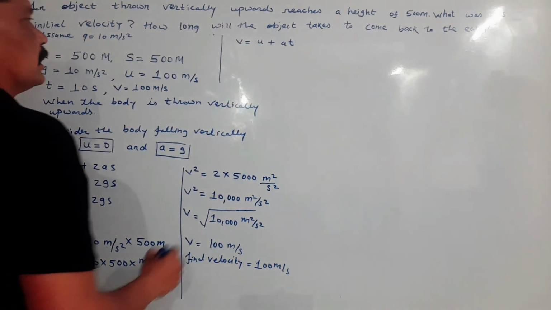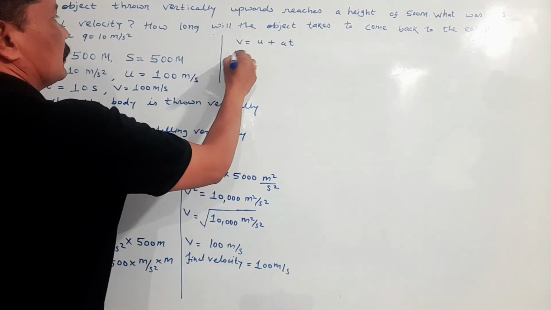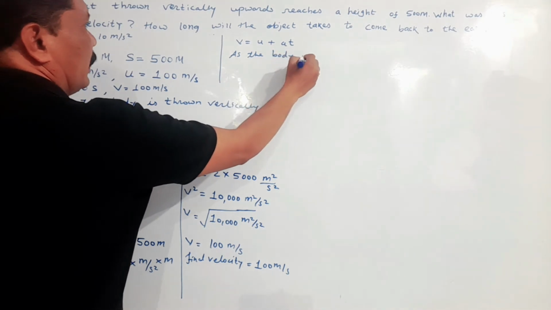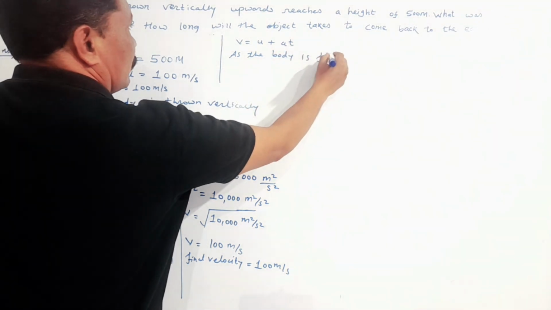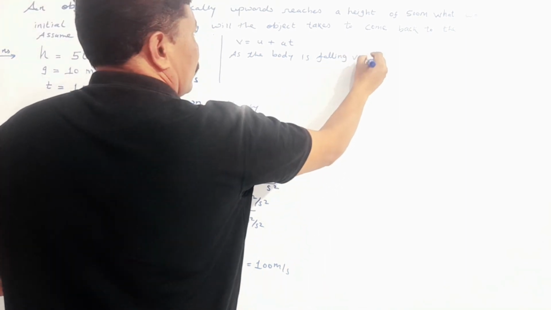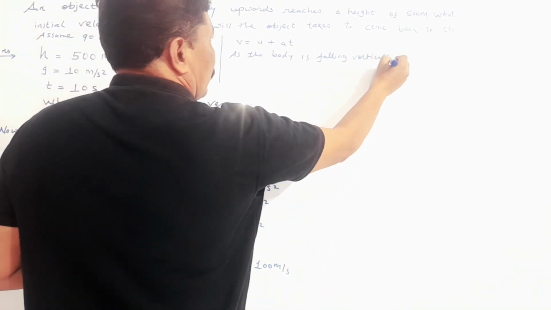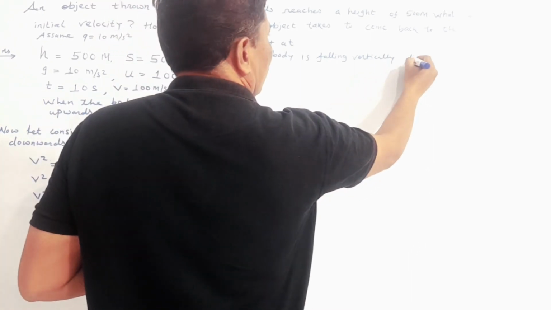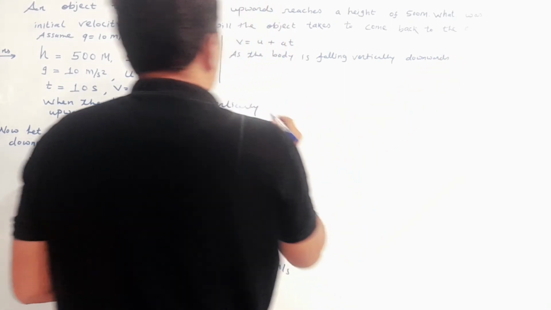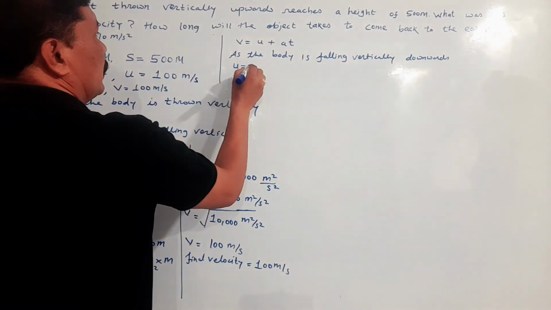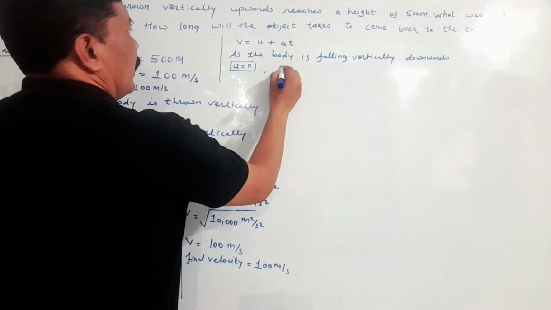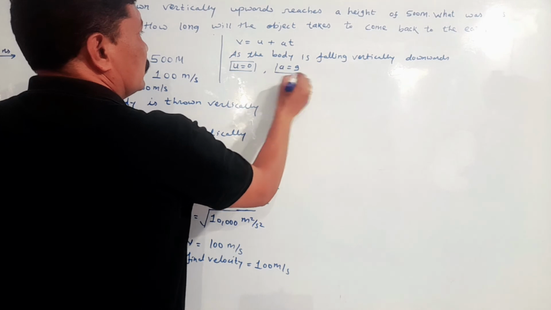Here my dear student, as the body is falling vertically downwards, u will be equal to 0 and a will be equal to g.